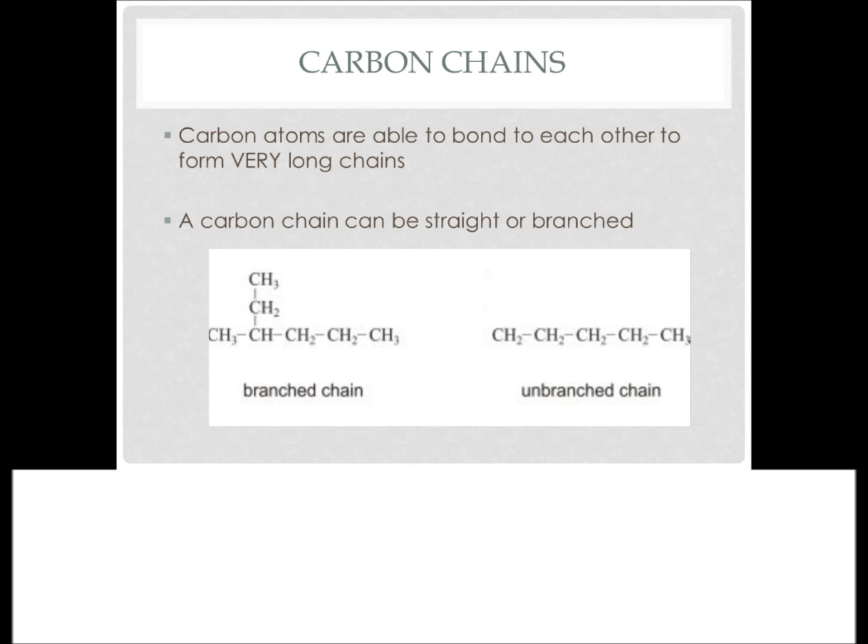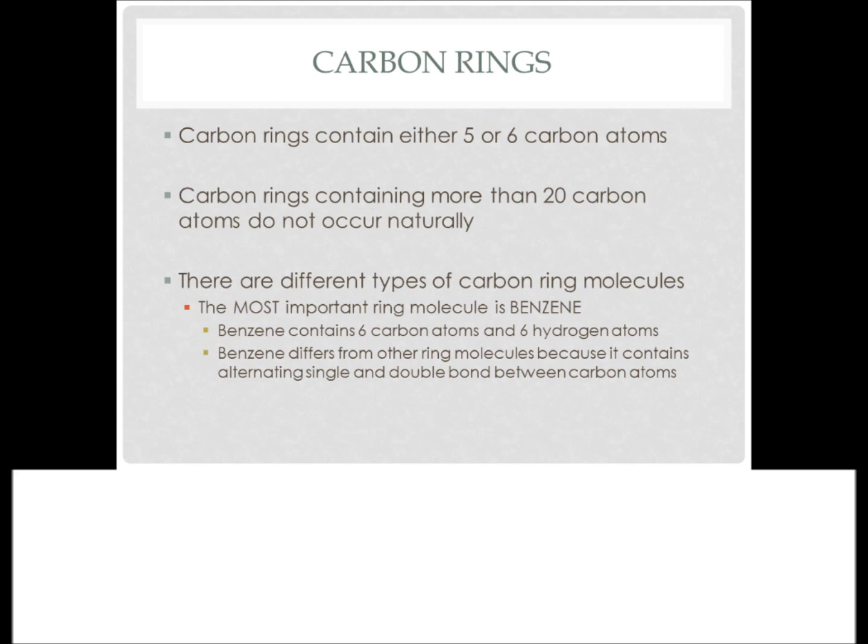So you could see below in the diagram that I included, you have branch chains in which you will have perpendicular lines to the straight chain, and then you also have an unbranched chain, and that is just one horizontal chain. So remember, if you were asked to identify if it's a branched or an unbranched chain, notice that the branch chain will have perpendicular chains to the horizontal chain.